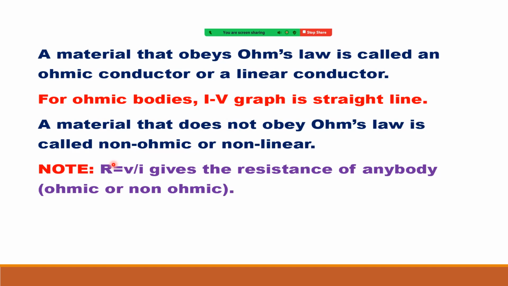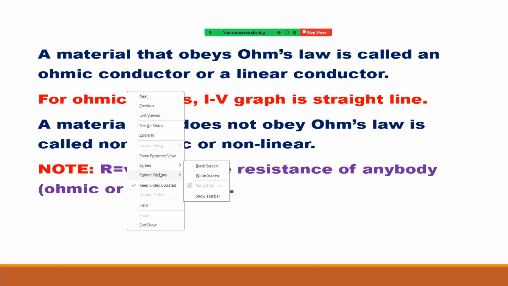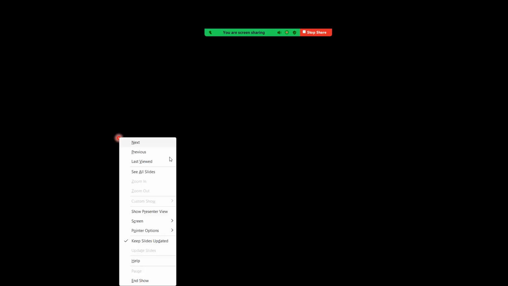Okay. Let us see once regarding the graph. We can expect simple problems. So taking a graph, suppose we are taking current on the vertical axis and potential difference on the horizontal axis.